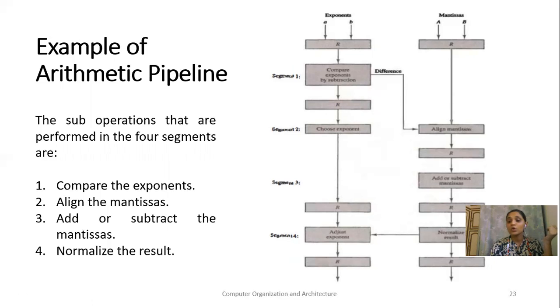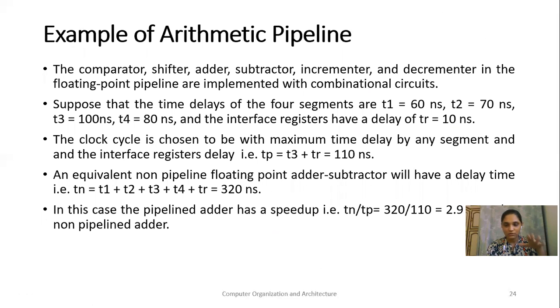Okay, so in the pipelining concept we have seen that for your first task you will require a clock period equal to the number of segments, and after that, at the end of each and every clock, you have the output of one task completed. Okay, so we are working on the clock period.